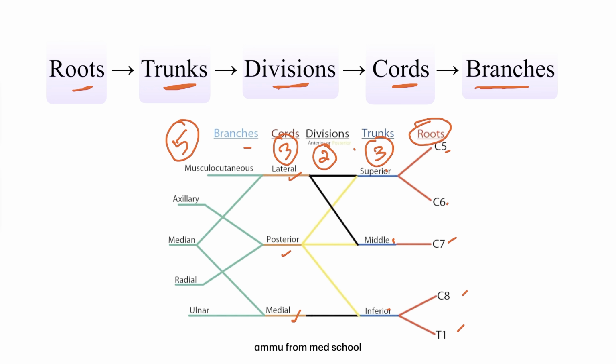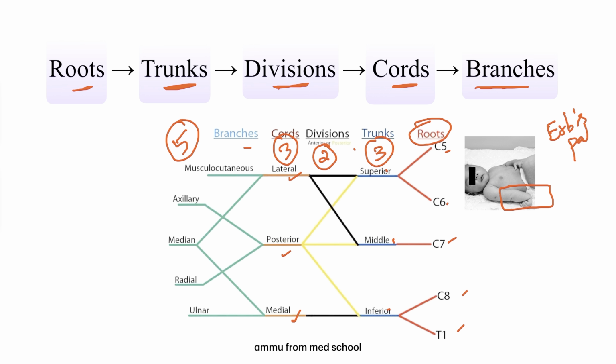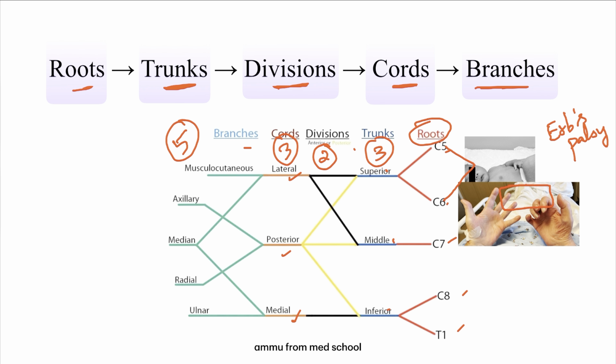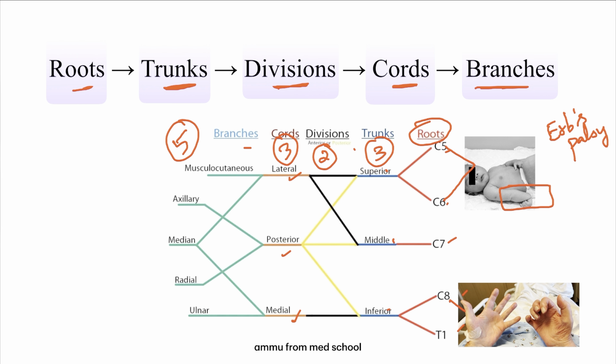Now, I want to tell you the high yield injuries in all of these. Number 1, as you see here, this is called Erb's palsy. That's also called waiter's tip. It's because of C5 and C6. Next, because of C8 and T1, you have something called Klumpke's palsy. That's also called claw hand.